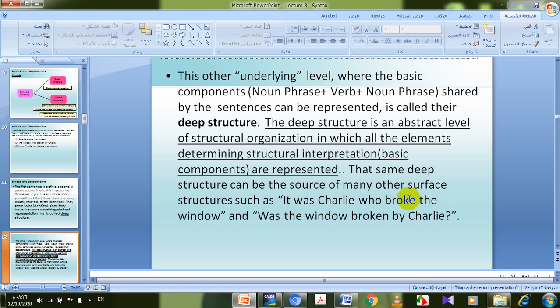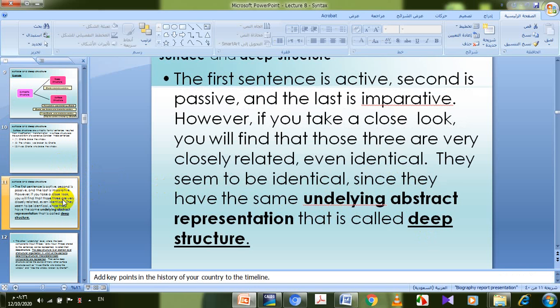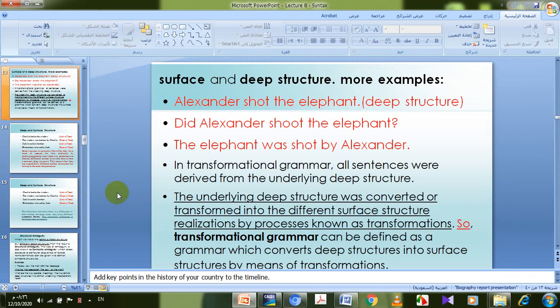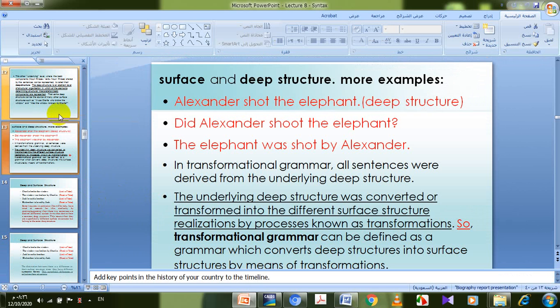So the same deep structure is the source of many other surface structures. Good.